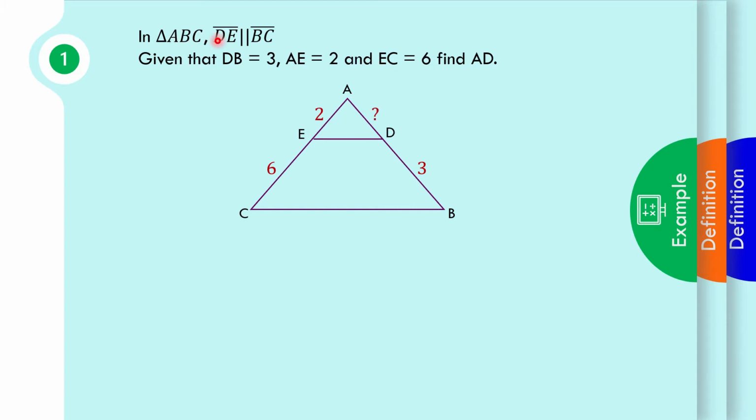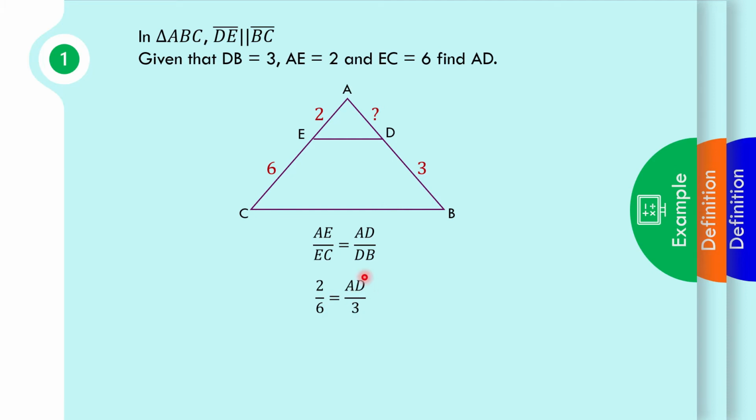Since it says here that DE is parallel to BC, using the proportionality theorem, we can say that AE over EC is equal to AD over DB. So let us substitute the values of the lengths of AE, EC, and DB here. Therefore, we will have 2 over 6 is equal to AD over 3.